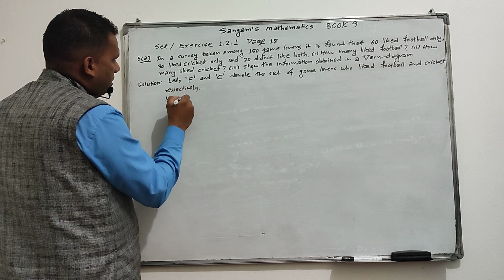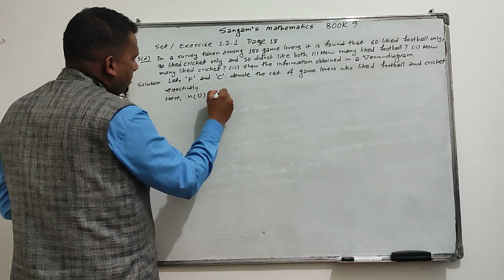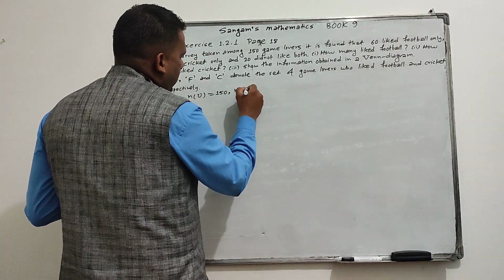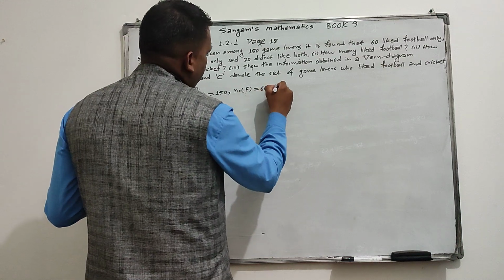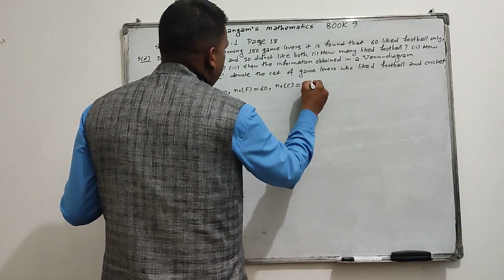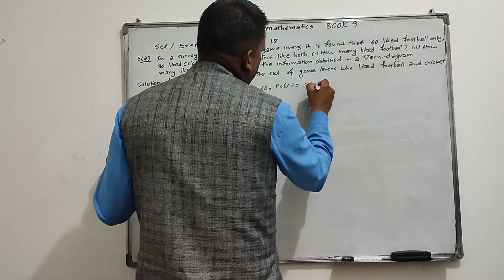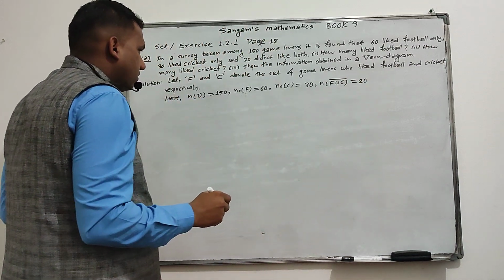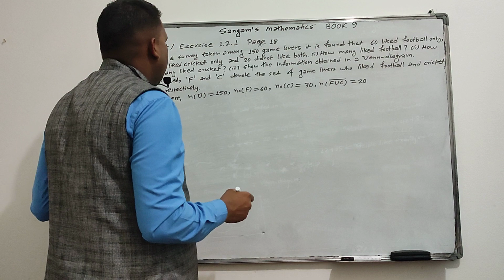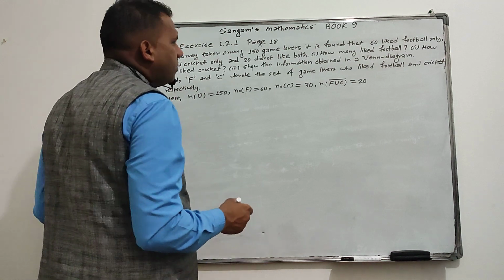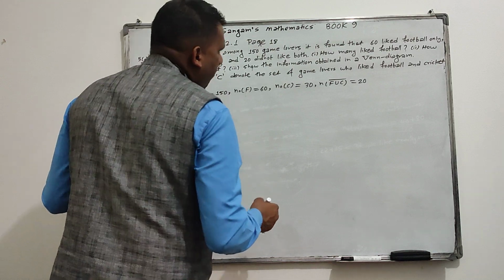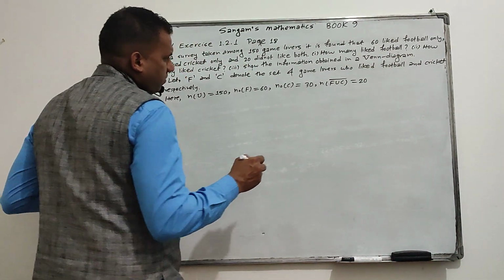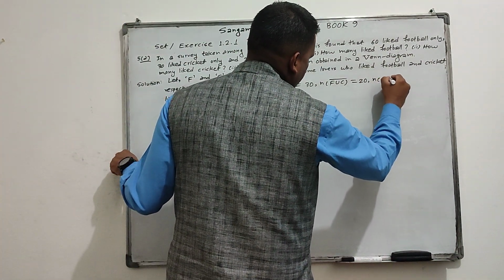Here n(U) is 150. 60 like football only, so n(only F) is 60. Similarly, n(only C) is 30. 20 did not like both, that is n((F union C) whole complement) is 20. How many like both? How many like football? How many like cricket? Intersection data is not here. Number of F intersection C is not given.